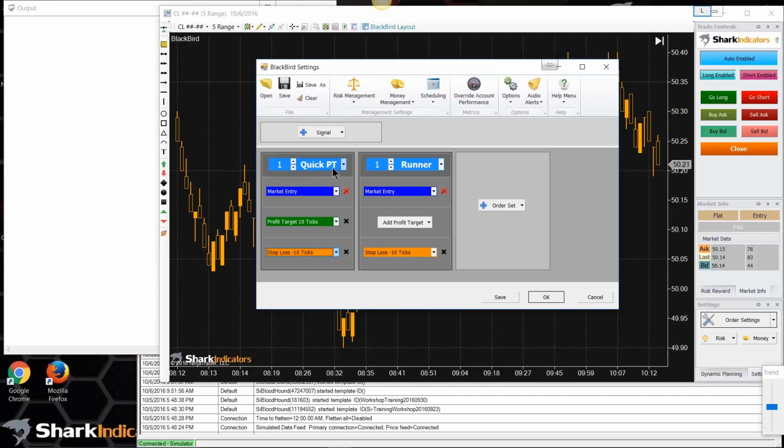You won't know, is it my quick PT or is it my runner stop loss that I'm reading about in the output window. But quite often the OCO name will be accompanied with the individual order name, so that'll help you figure out which stop loss is which, just by seeing which OCO order name you're using there.